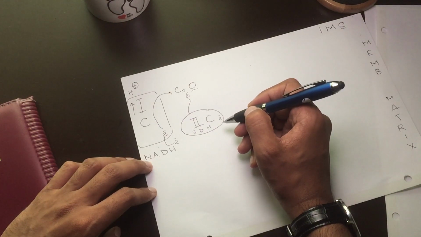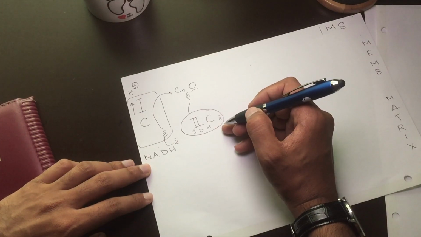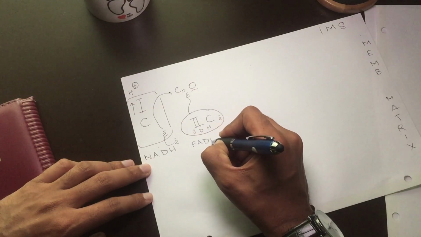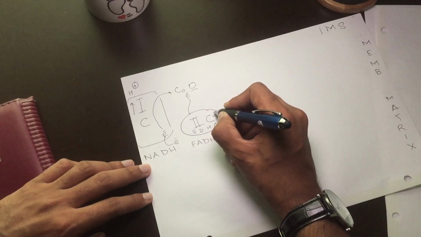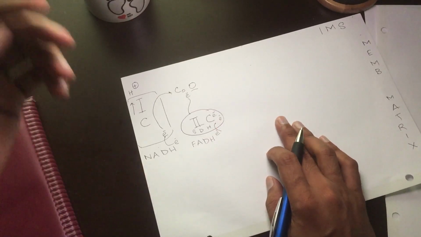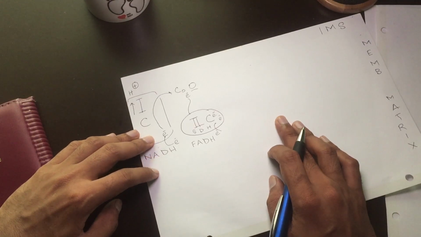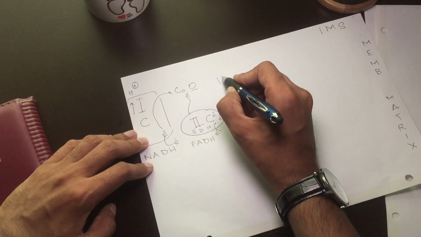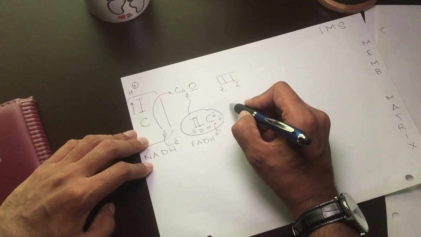Complex 2 also uses FADH electrons, so complex 2 has 2 electrons. These 2 electrons are transferred to complex 3. Now complex 3 has 2 electrons.